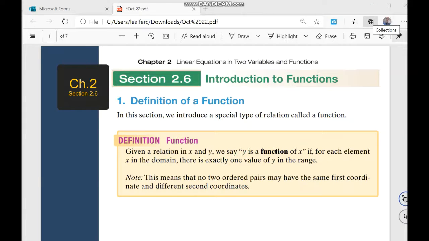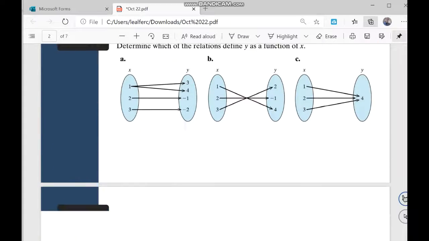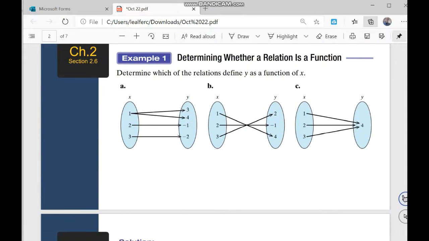And moving to the examples so we can actually visualize. Let's start from letter C, then letter B, and letter A. Let's check, determine which of the relations define y as a function of x. Let's figure out which ones are a function or not a function.